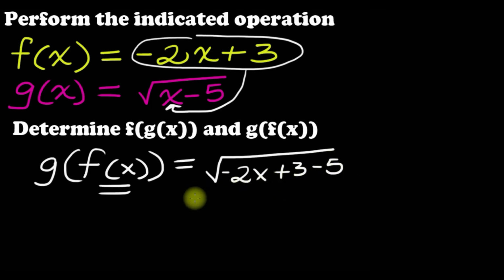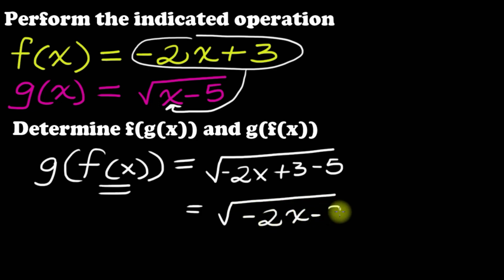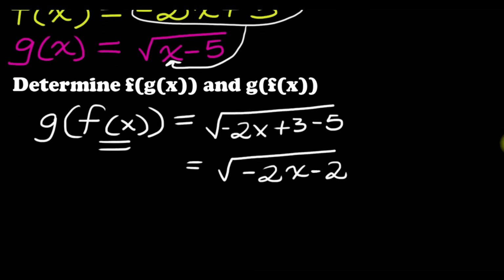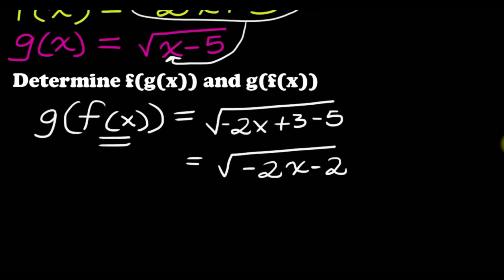And now we're going to simplify this. So it'll be the square root of negative 2x minus 2. Now again, we're dealing with a square root. You have to understand that you cannot take the square root of a negative number because it's not a real number.